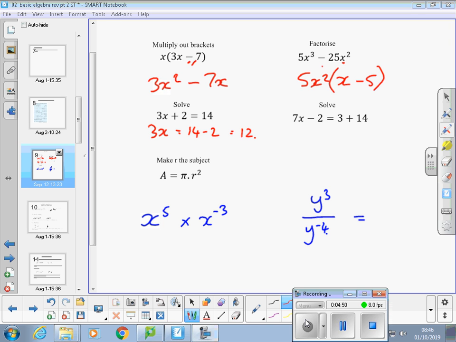And then divide by 3, so x is equal to 12 over 3, which is 4. We subtracted 2 from both sides, a little bit more about that shortly, and then divided by 3.